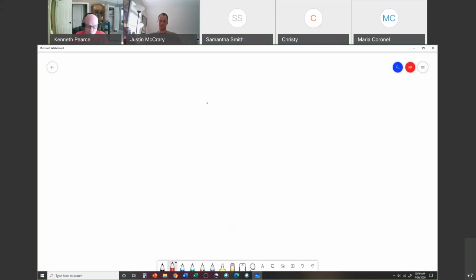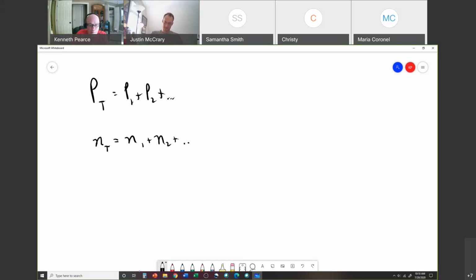All right, now, related to this, as far as Dalton's law goes, I mean, Dalton's law is what? P total, P1 plus P2 plus whatever the pressures are. Related to this is the idea of moles. And that is the number of moles, little n, is the sum of all the individual moles.